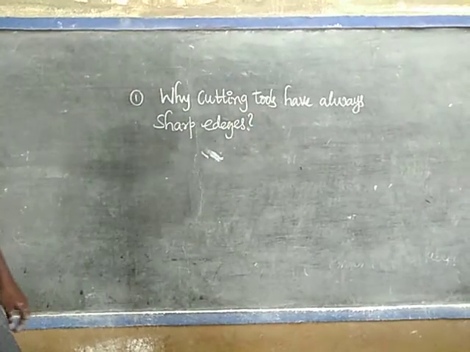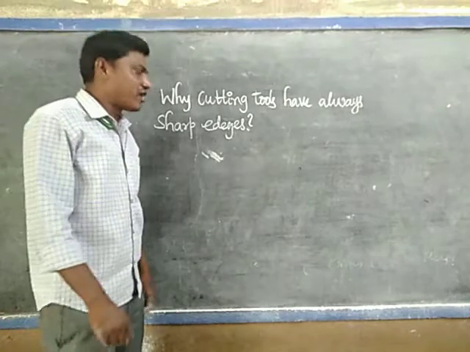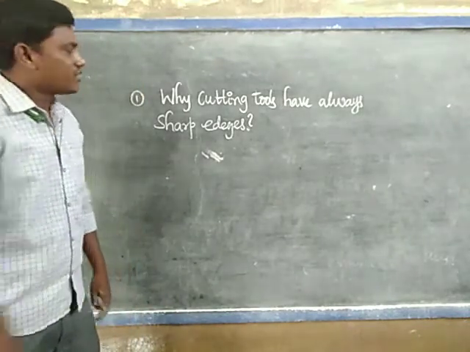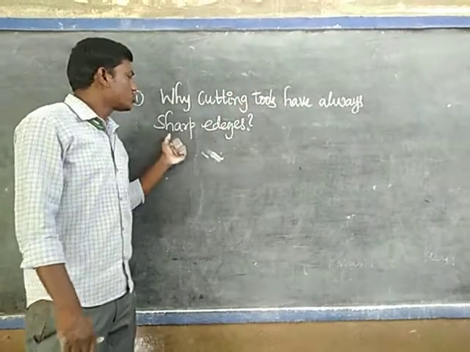What is the reason? This question they ask for 1 mark, at the 8th standard level in FA1, maybe in the formative or summative assessment. Why do cutting tools always have sharp edges?